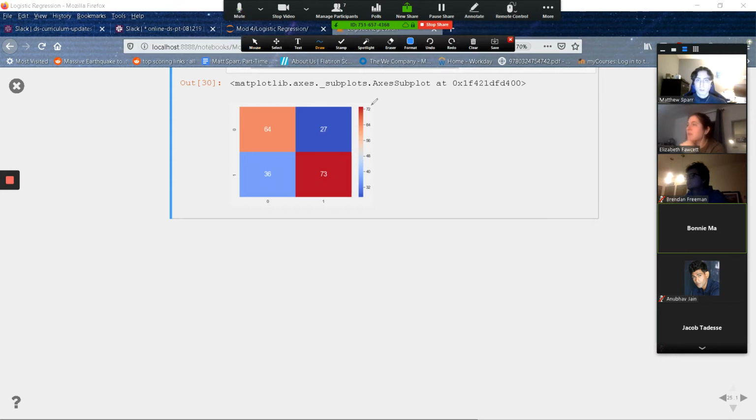So pred and true. Is that what it says, Beth? Pred on the bottom? Yep, so 0, 0, then this is true negatives.